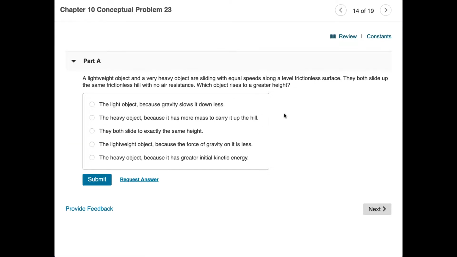A lightweight object and a very heavy object are sliding with equal speeds along a level frictionless surface. They both slide up the same frictionless hill with no air resistance. Which rises to the greater height? You might call this a trick question, because they both have kinetic energy, but since they have equal speeds and different masses, they have different kinetic energies.